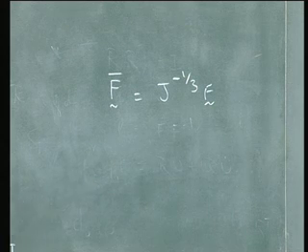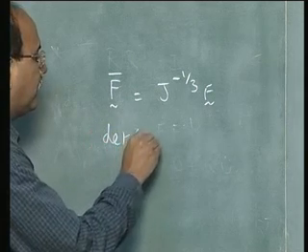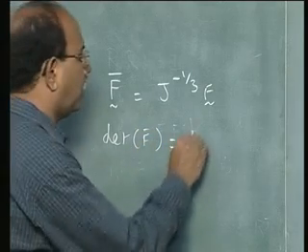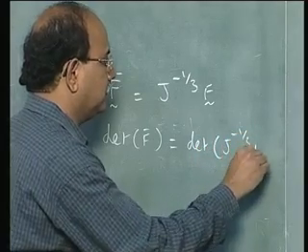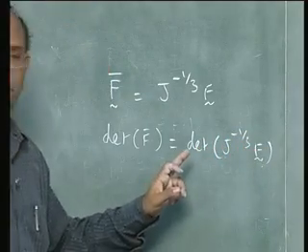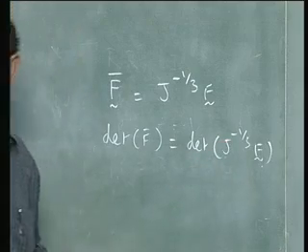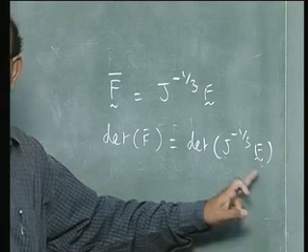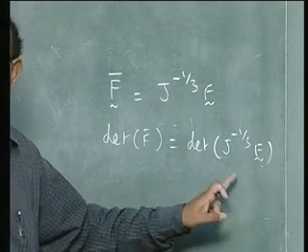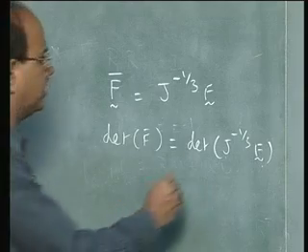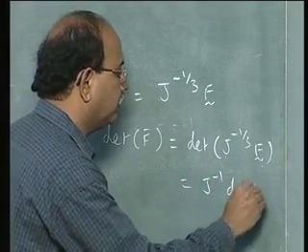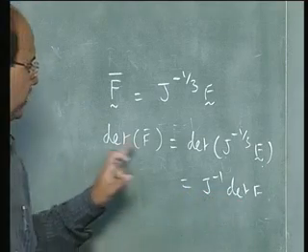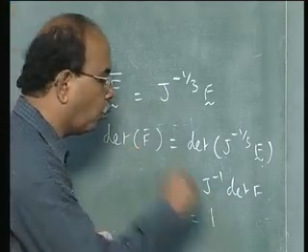If you really look at the determinant of F bar, this is the determinant of J to the power minus 1 by 3 F, which, this being 3 by 3, becomes J inverse times the determinant of F. Now the determinant of F being equal to J, the determinant of F bar is equal to 1.